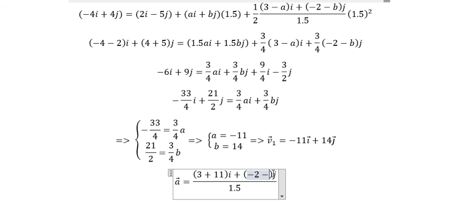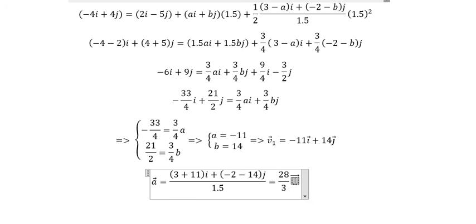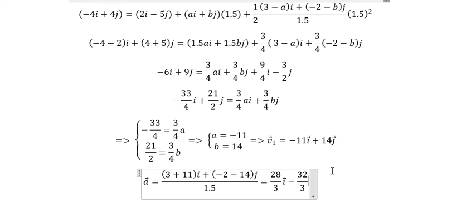B is here. 3 plus 11 divided by 1.5, you get 28 over 3 i. Negative 2 minus 14, you get negative 16. Divided by 1.5, you get negative 32 over 3 j.